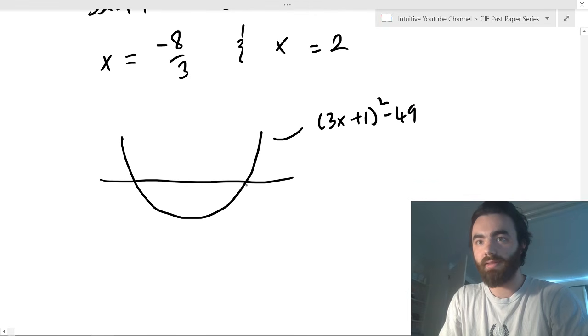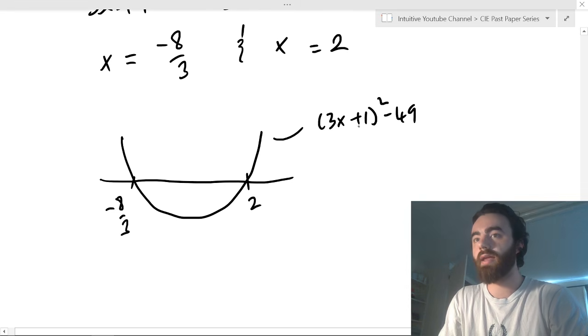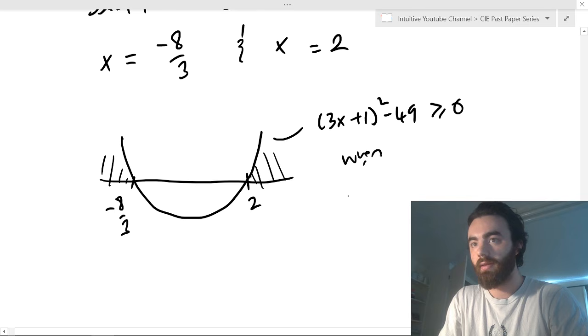Well, this is 2, and this will be minus 8 over 3. Where is this greater than or equal to 0? Well, it's greater than or equal to 0 here and here. So this is greater than or equal to 0 when x is less than or equal to negative 8 over 3, and when x is greater than or equal to 2.